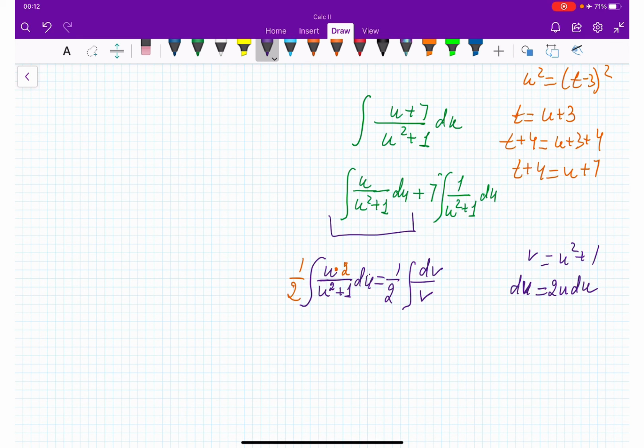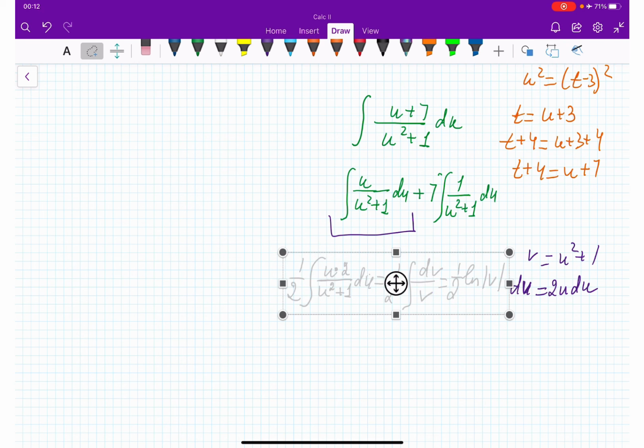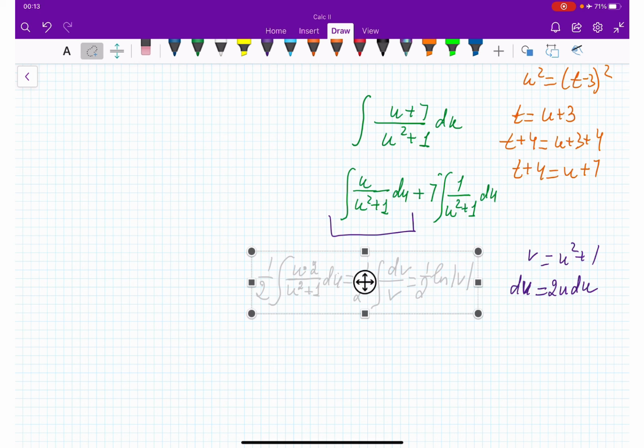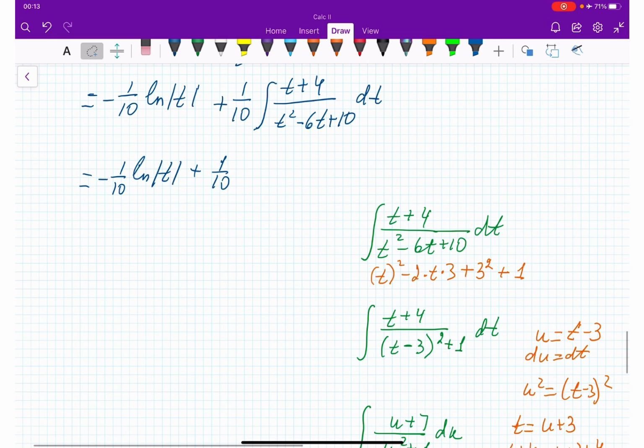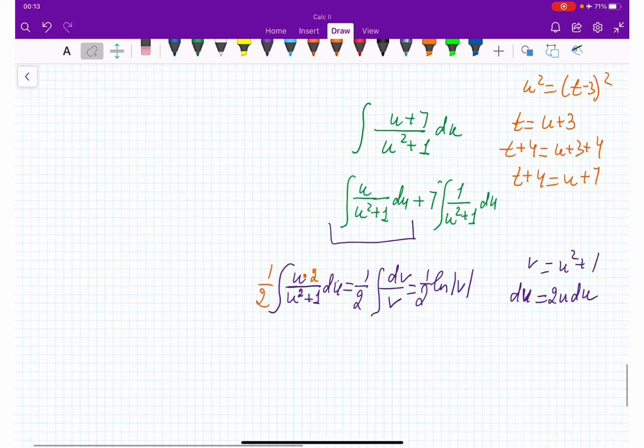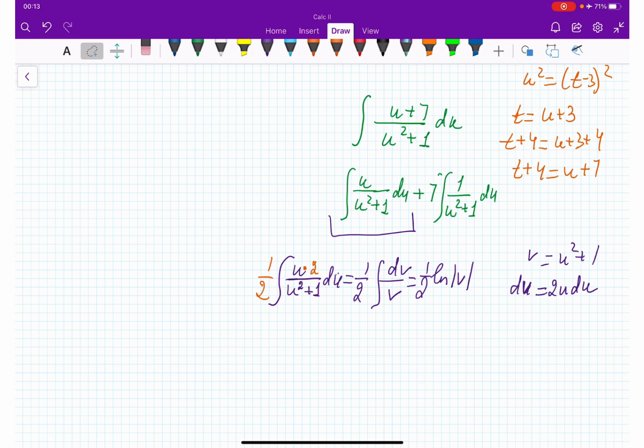And using the common integral, it's going to be 1/2 natural log v. And since we have u plus 7 over u squared plus 1, going back, natural log v, and we know that v is equal to u squared plus 1.